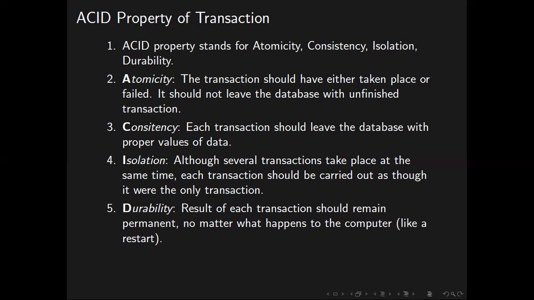It may be possible for humans to lie, whereas it's not permitted for an RDBMS to lie to us. Inconsistency is to be avoided. C is for consistency. It means the data should be integral. There should not be any corruption of the data. The data should be proper. The results should not contradict each other. That is consistency. Then isolation.